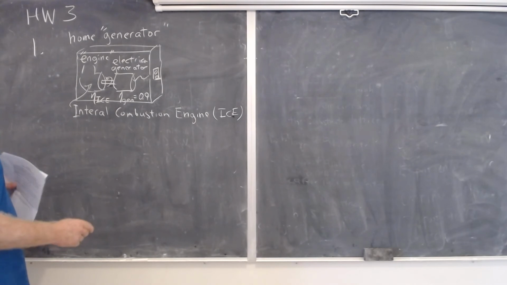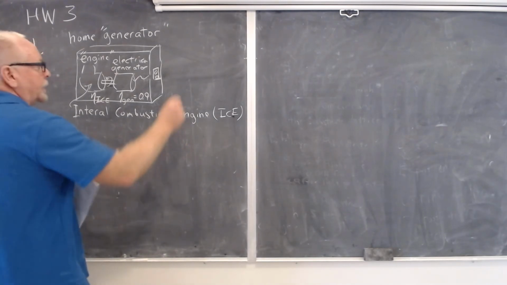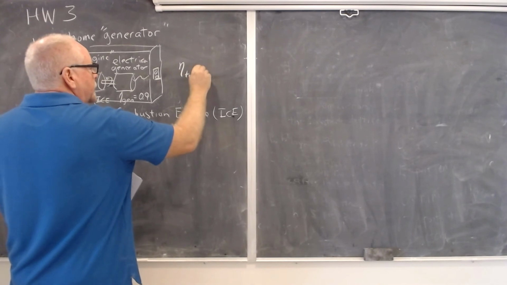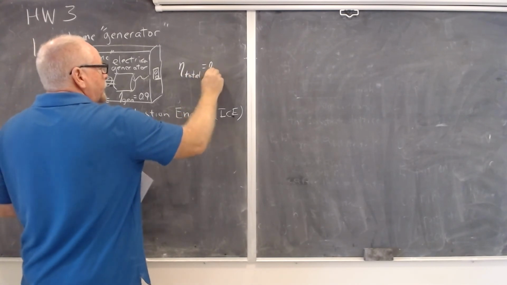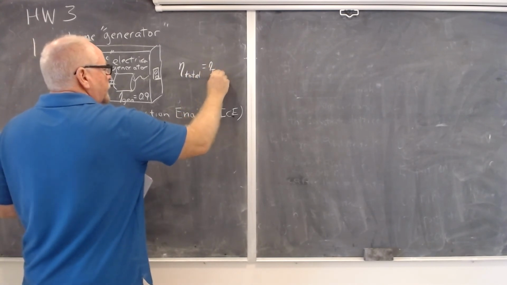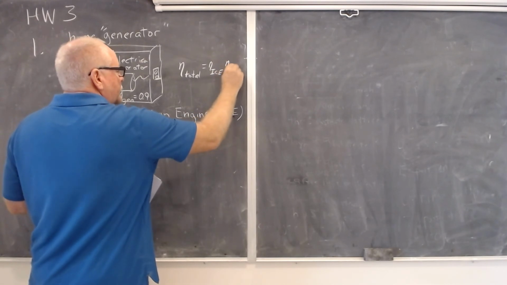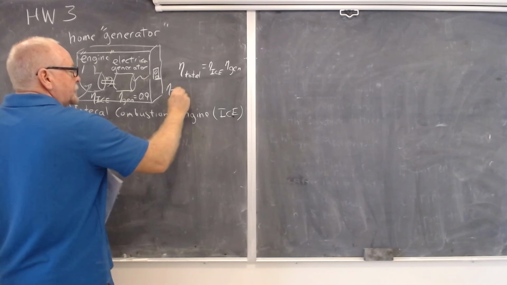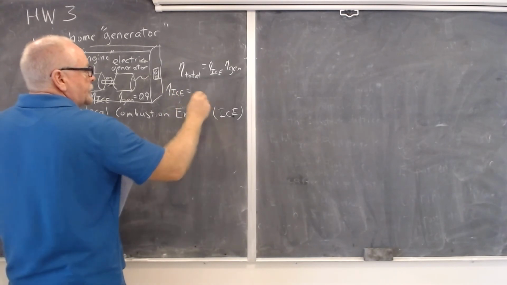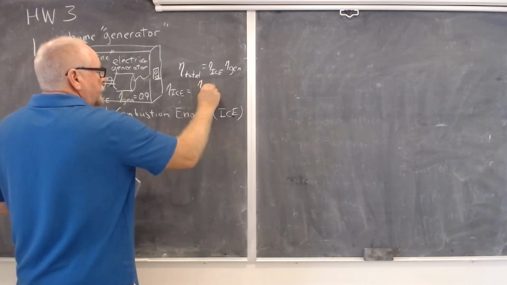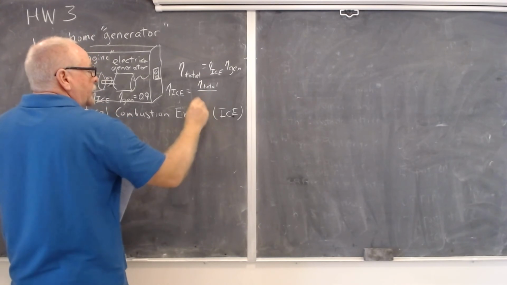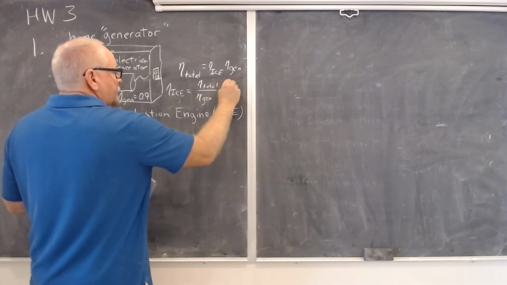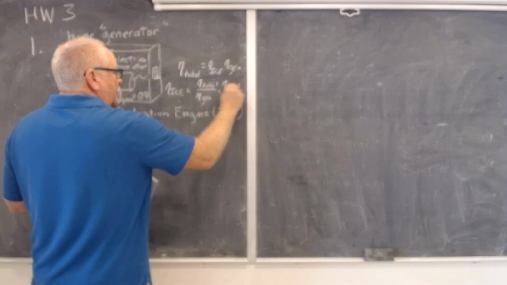And so the idea here is that the total efficiency of the unit is the product of the efficiency of the internal combustion engine and the efficiency of the generator. So the efficiency of the internal combustion engine is equal to the total efficiency divided by that of the generator, or the total efficiency over 0.9.